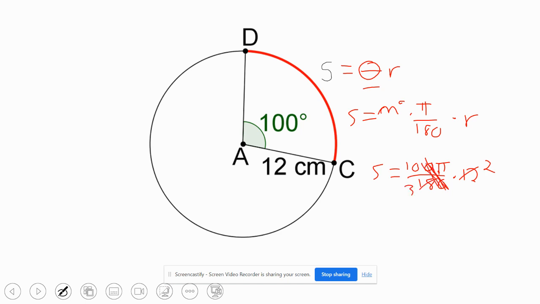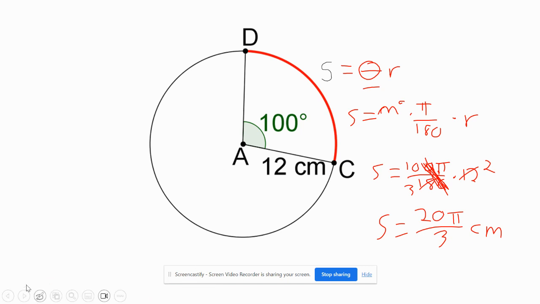And so it becomes 10 times 2, which is 20 pi over 3. If you had wanted to do 100 times 12 first and then divide by 180, you could. It's just if you simplify the fractions before you multiply, then you have much smaller and easier numbers to work with. And that would be the arc length here.